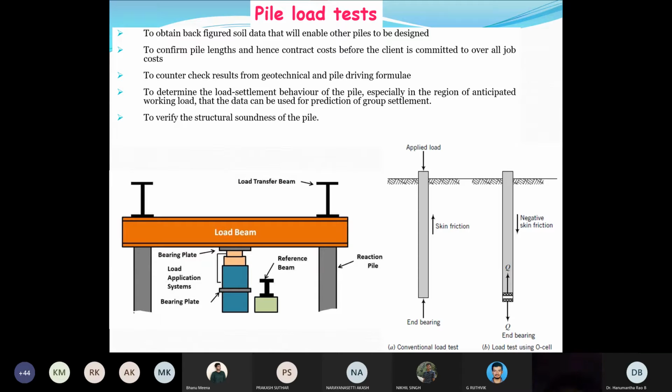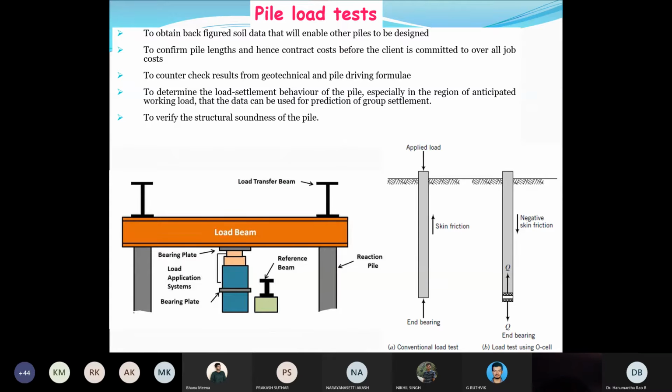In that case, we do not literally know what is happening to the pile casting at the bottom. A certain percentage of failures in pile foundations occur only because of this poor structural soundness of the pile. Therefore, pile casting is one of the important aspects of pile foundations.